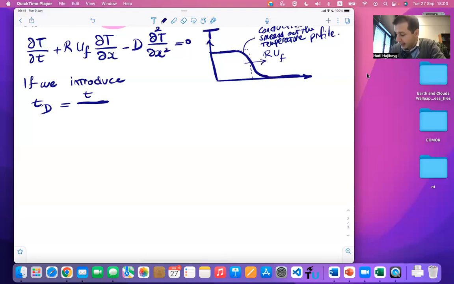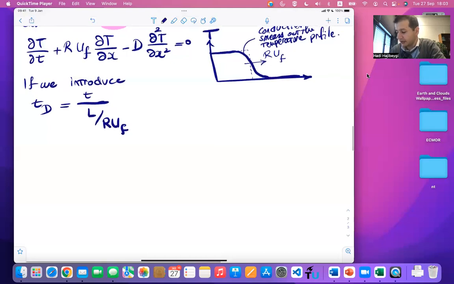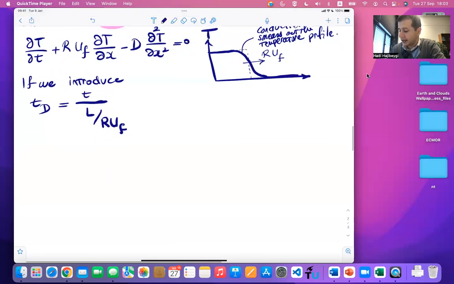If I have L divided by rho u_f, since velocity is meter per second, meter divided by meter per second gives seconds. Oh, I'm sorry, that was correct. So I have L divided by rho u_f.